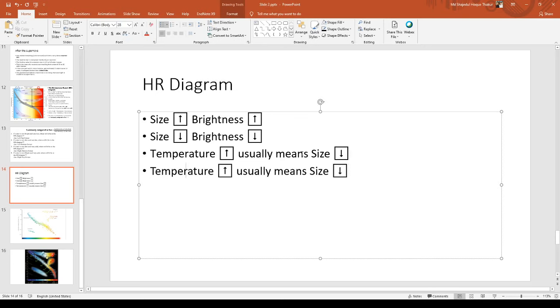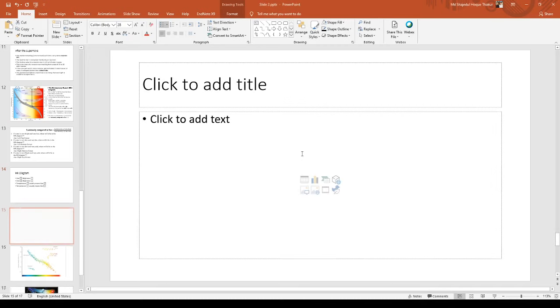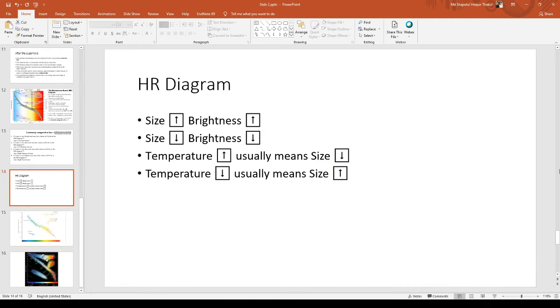Low temperature usually means big size. Is that clear?